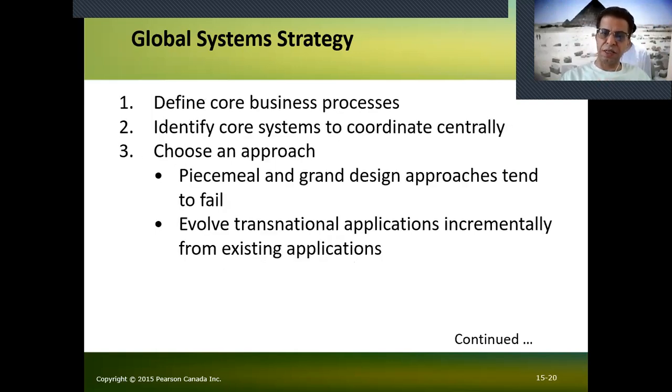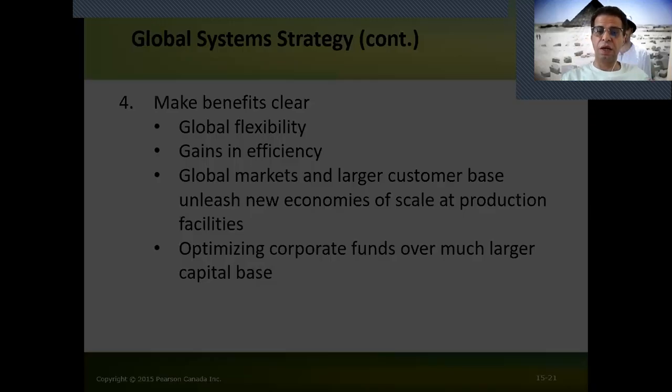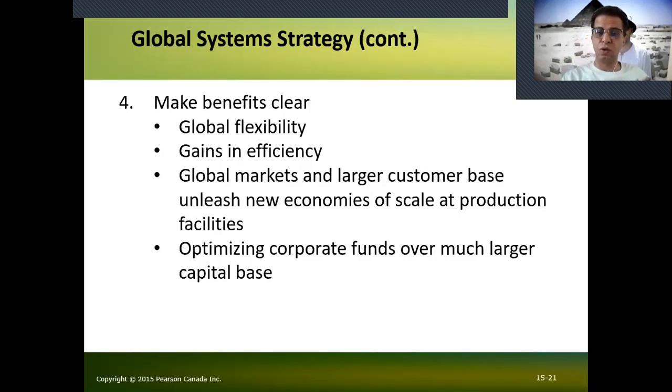In the global system strategy, first we need to define the core business processes, and identify the core system to coordinate centrally. Choose an approach, whether a piecemeal or a grand design approach, which tends to fail. So we need a step-by-step approach, evolving a transactional application incrementally from existing applications. And we also want to make the benefit clear.